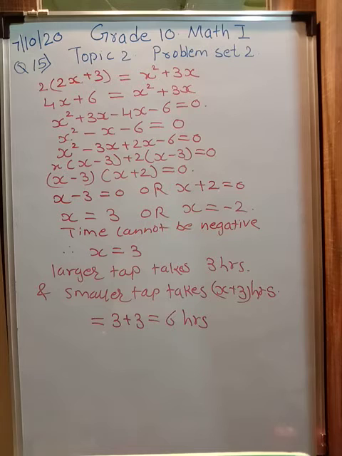Is it clear? So the larger tap fills the tank in 3 hours and the smaller tap takes 6 hours to fill up the tank. Is it clear? Okay. Please pause the video and take down all the steps. So that's all from my side, students, for today, and this is the end of your second topic. Thank you.